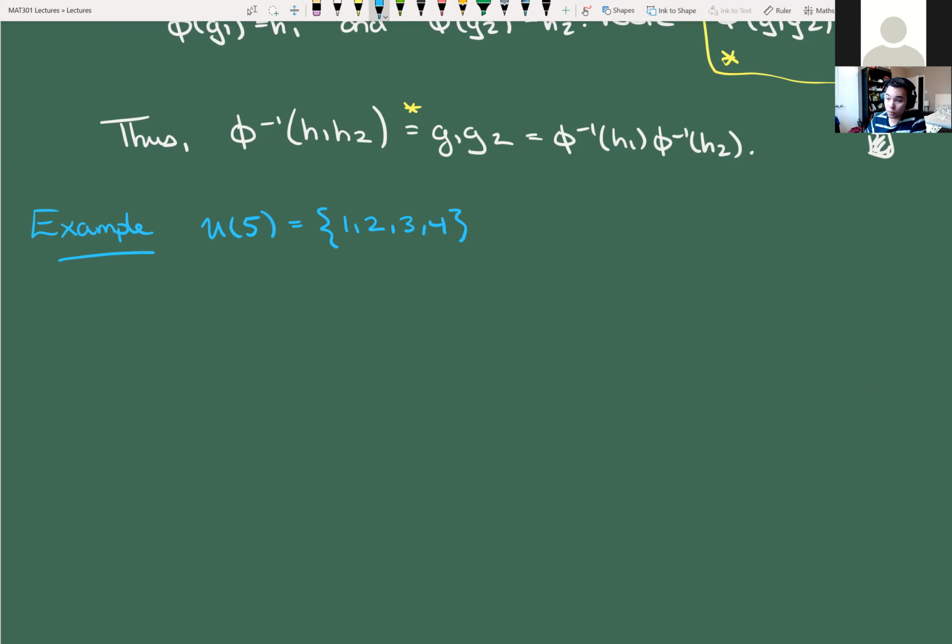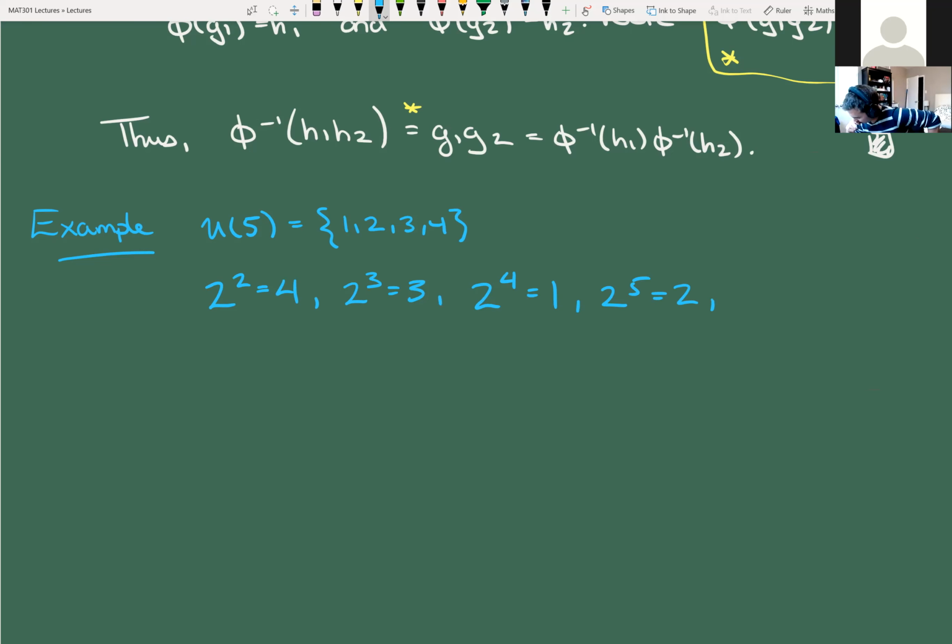And we said, for example, notice that 2 squared is equal to 4, 2 cubed is equal to 8, sorry, that's obviously 3, right? And then 2 to the 4 is 16, which is 1. And then 2 to the 5 is 32, which is 2.